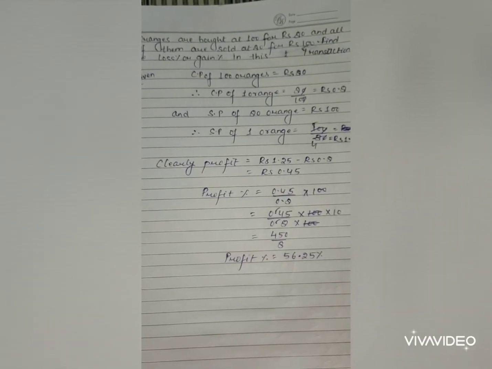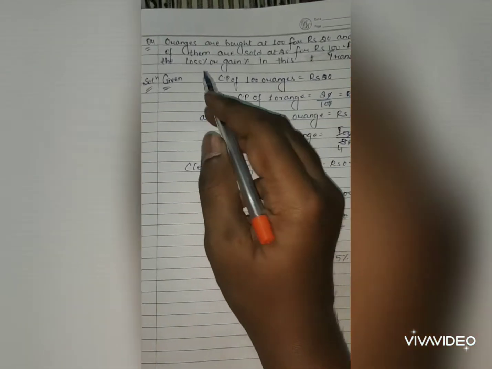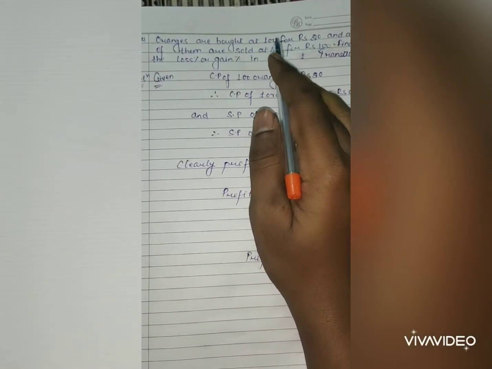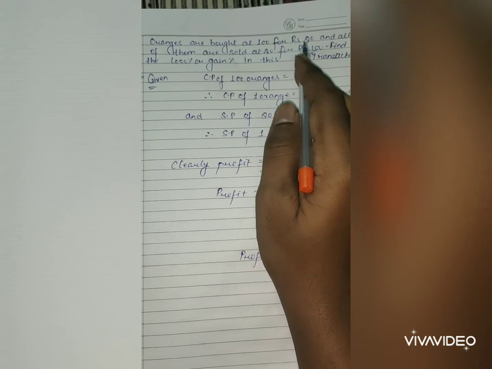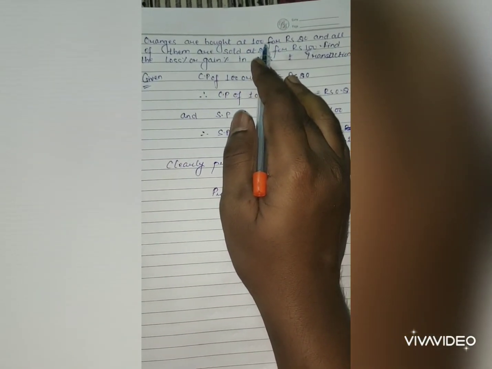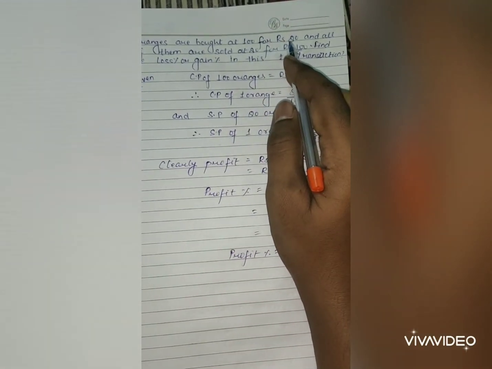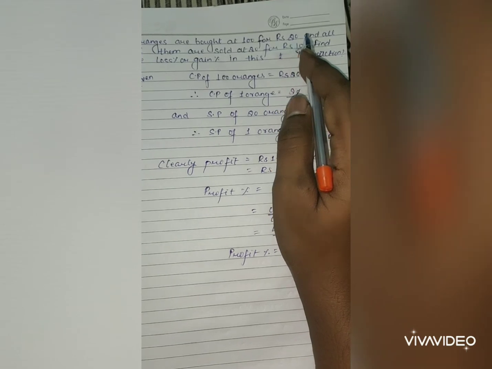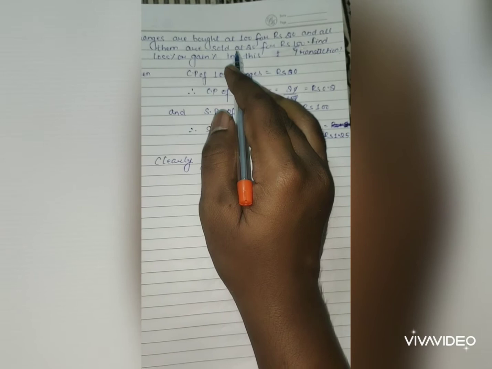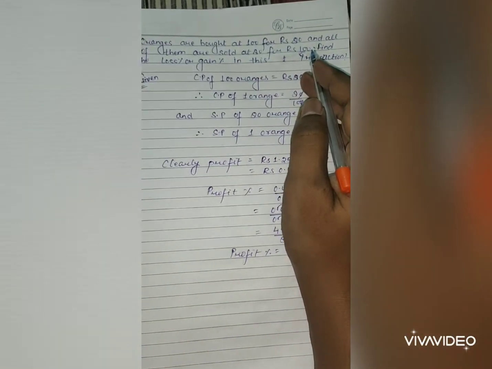Now the last question of exercise 9B. Oranges are bought at 100 for rupees 80. Means 100 oranges are bought by some person and the cost of those oranges is rupees 80, and all of them are sold at 80 for rupees 100.